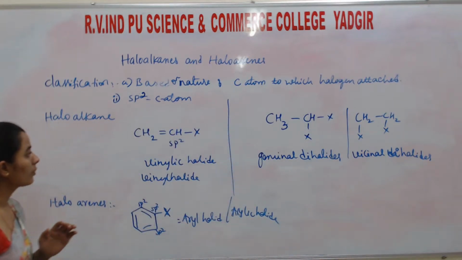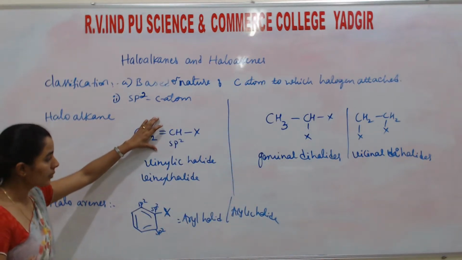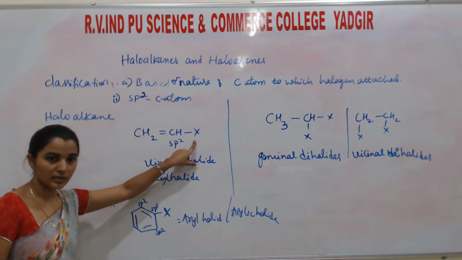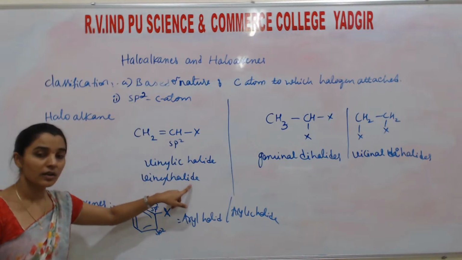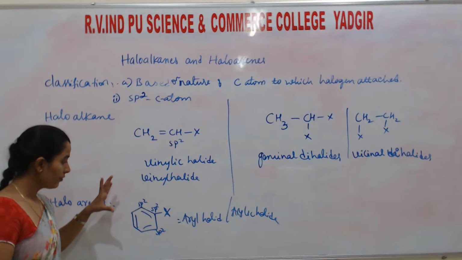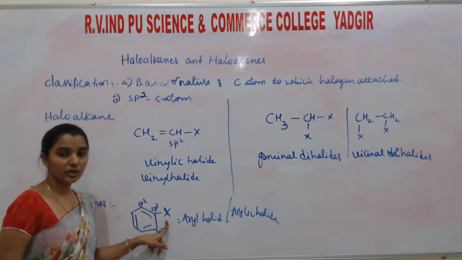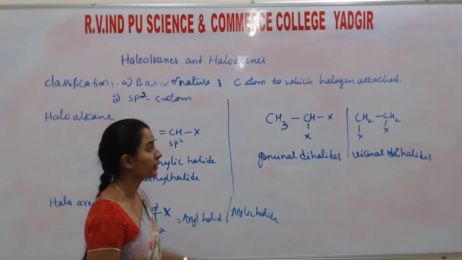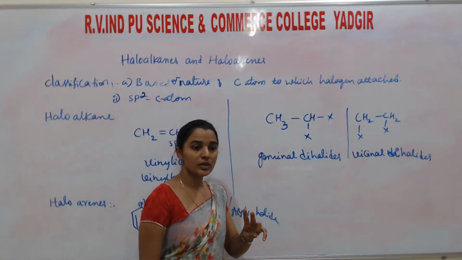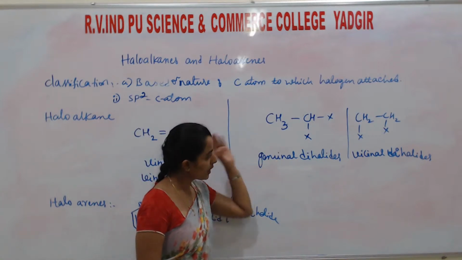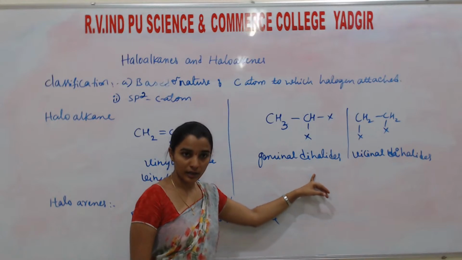Understand? If the carbon atom to which halogen is attached is sp2 hybridized, then that is vinyl halide. If in a benzene ring a halogen atom is attached, then it is aryl halide. If the two halogen atoms are attached to the same carbon, then it is geminal dihalide.